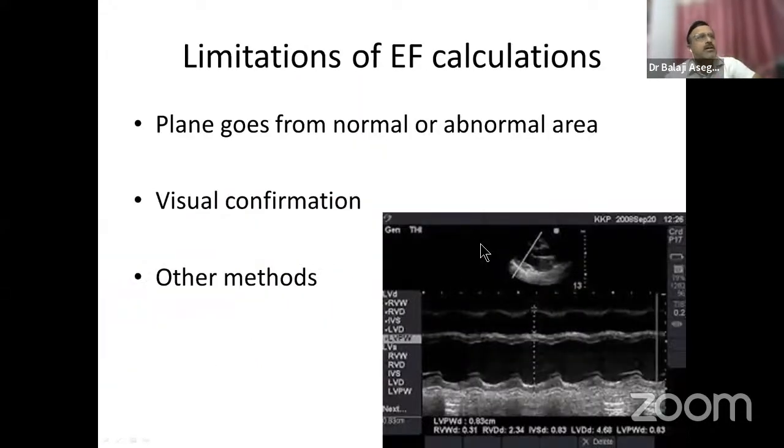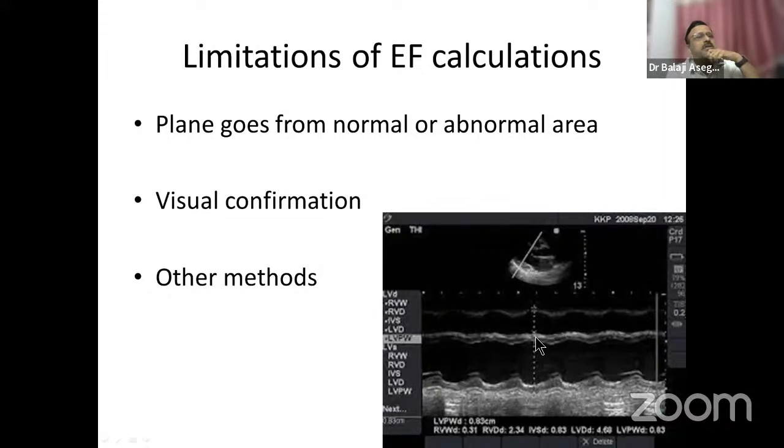But what are the EF calculation limitations on echo? First of all, many times if the cardiologist or echocardiographer is in a hurry, he may miss the ejection fraction by maybe 5 or 10%. Secondly, he is putting the M mode cursor in one of the echocardiography views that we call a long axis view.